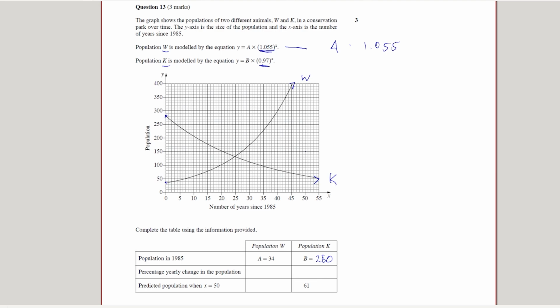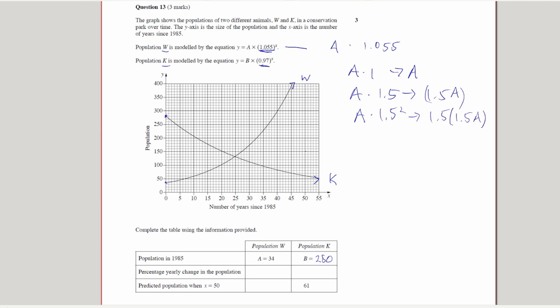So if you think about it, a times 1 is going to stay the same. If you do a times, let's say 1.5, it's going to go to 1.5 of a, and then second year, let's say 1.5 squared, it's going to go to 1.5 of that. Okay, so 1.5 of this.